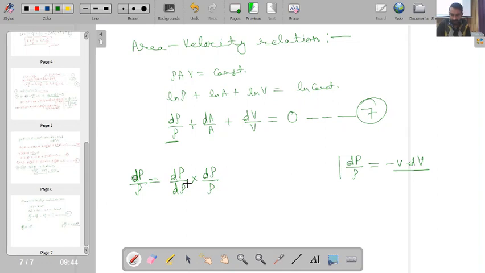Now rho by rho will be cancelling out, and this is ultimately equal to minus V times dV. We just calculated in the previous slide that dP by rho is equal to minus of V into dV.